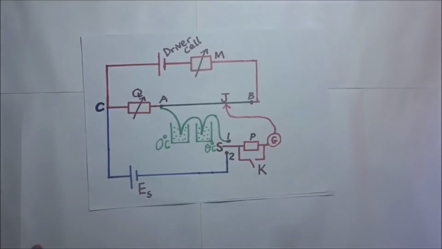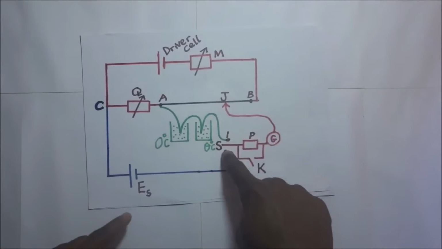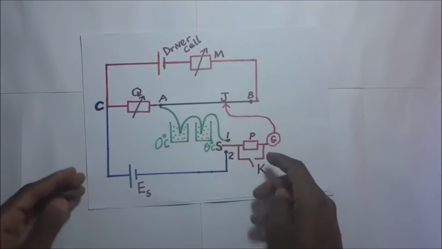So in our write-up for the balance point, when S is at 2 and K is closed, at balance, this is how it will look.